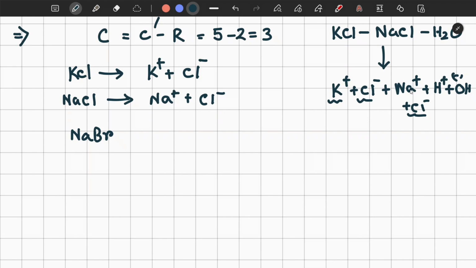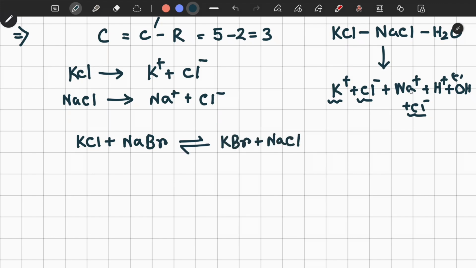NaBr is not totally soluble in that kind of way. It will react with KCl. KCl plus NaBr actually reacts, and after reacting, it gives us KBr plus NaCl.